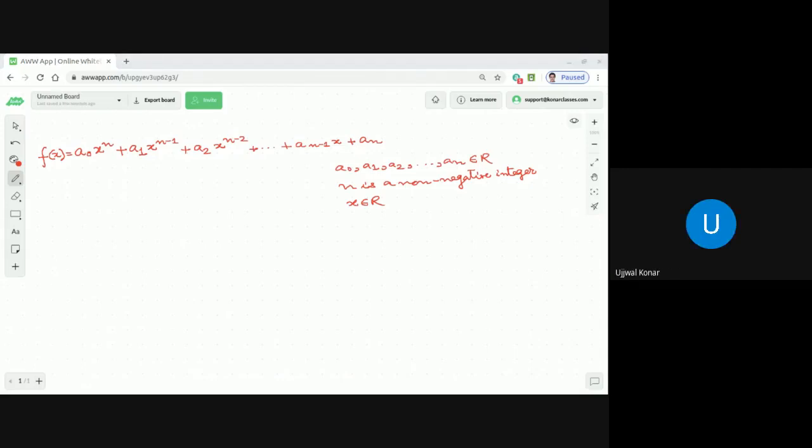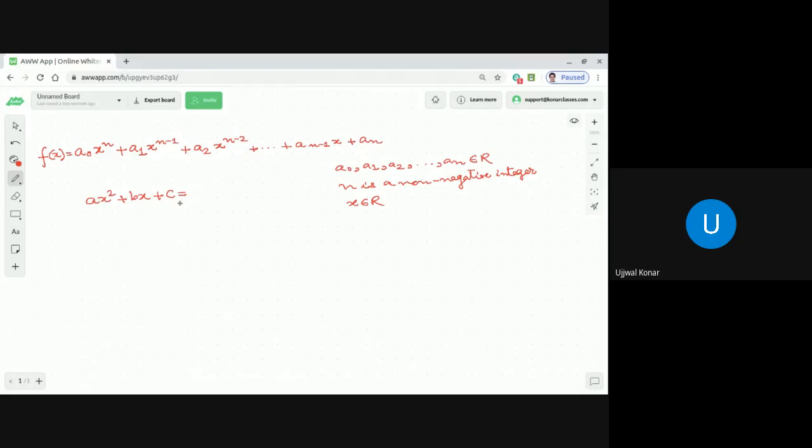You recall that when we discussed the quadratic equation, we discussed something like ax square plus bx plus c equal to 0. Correct or not? So this is called an equation. The moment it is equal to 0, that is an equation.